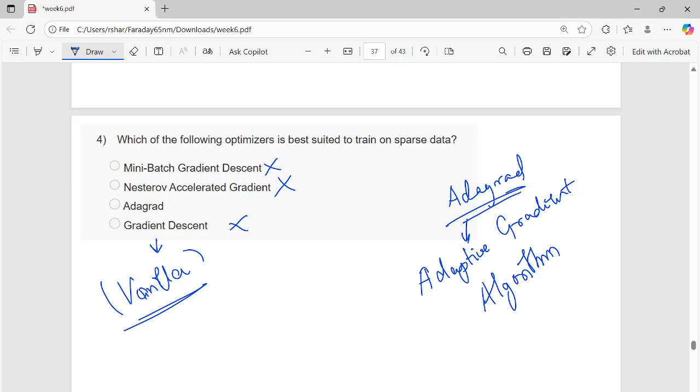So what AdaGrad does is it increases training efficiency.